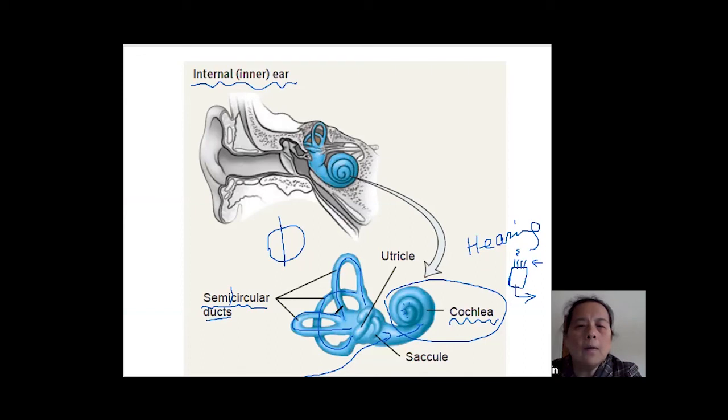When it flows inside the channel, it follows your body's movement. The liquid moves inside. Then it can sense your body posture and what kind of movement is happening, and then keep your body balanced. So that's basically our inner ear and its functions.